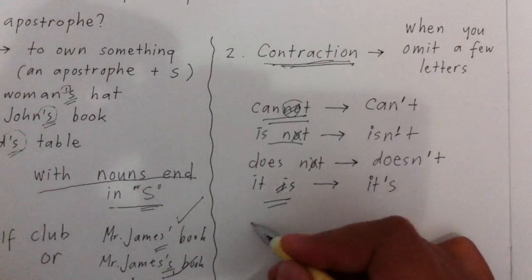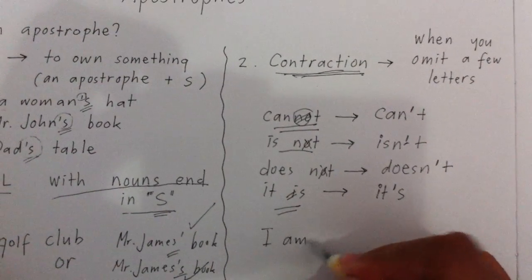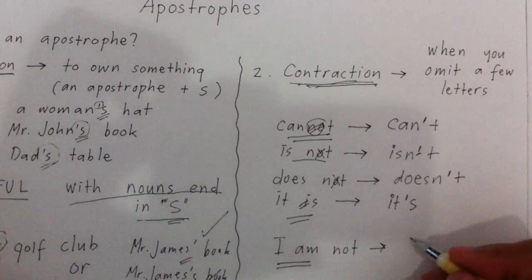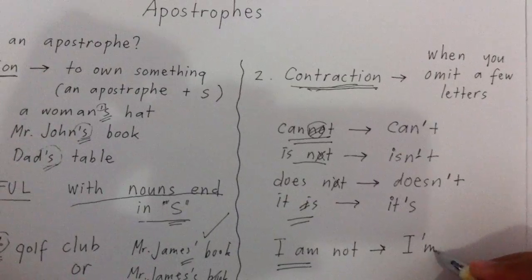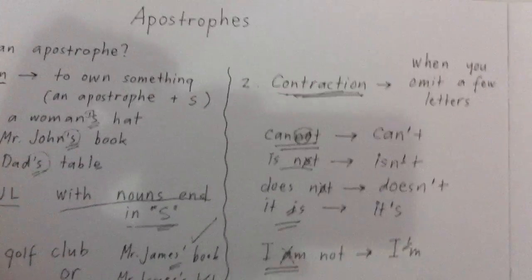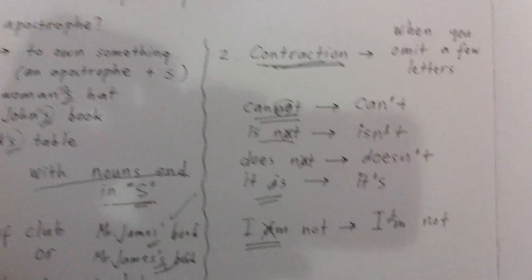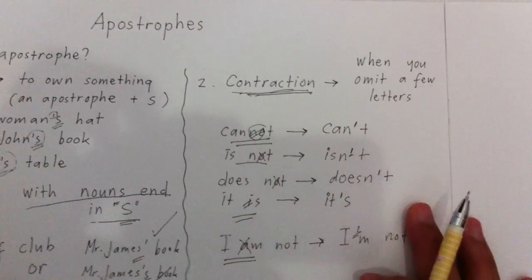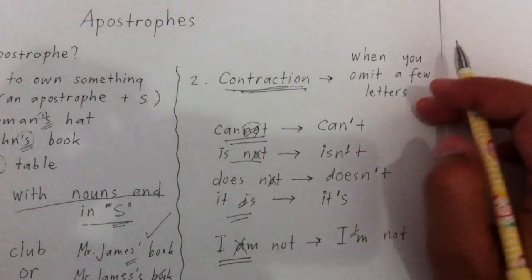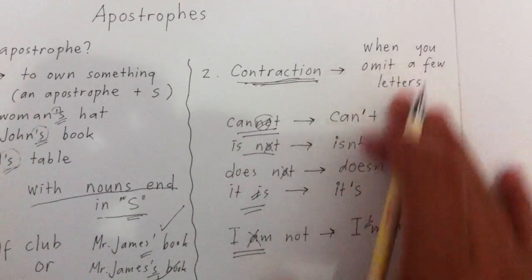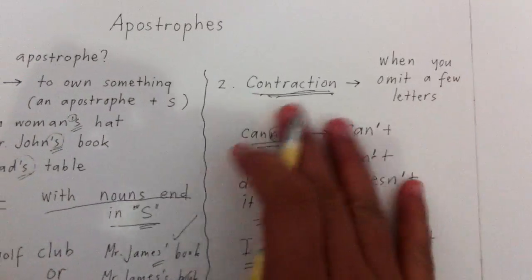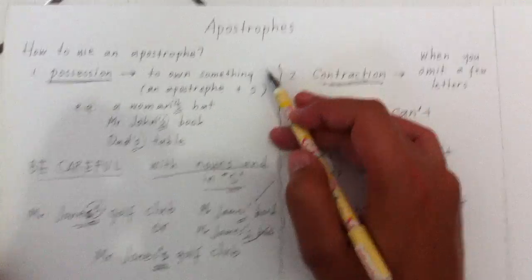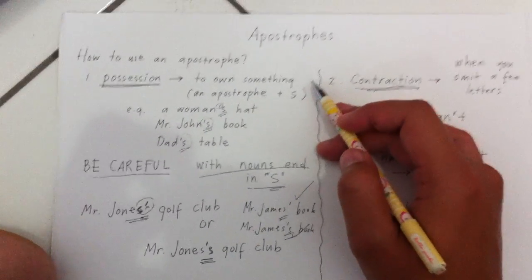You omit the letter I. I am not, you can write I'm not, omitting the letter A. So this is what we call a contraction. Contraction is when you omit a few letters or a single letter in a phrase. You can use an apostrophe.